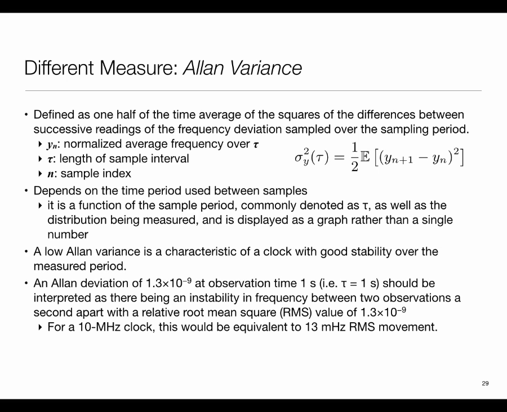So two clocks may have very diametrically opposite characteristics over long versus short time durations. A measure which is used to capture this is called Allan variance. The Allan variance of a clock is basically saying how good it is over a particular time window of interest. Specifically, it is defined as 1/2 of the time average of the squares of the differences between successive readings.